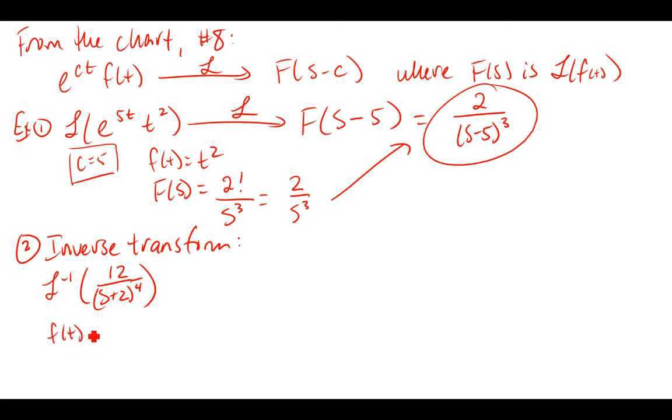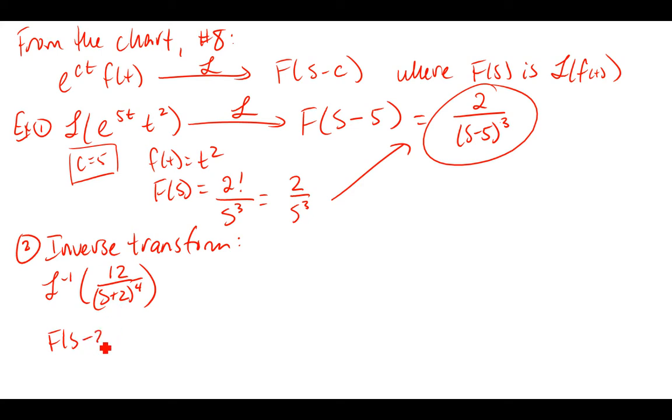If this, instead of being shifted by 2, was just s to the 4th, s to the 4th with something on top is definitely in the chart. So if I say, well, this kind of looks like this might have just been shifted over by 2.